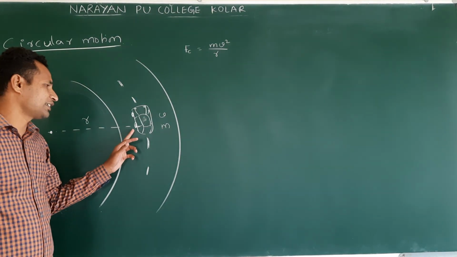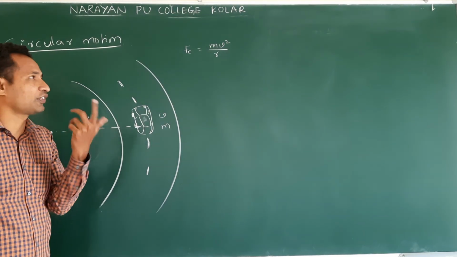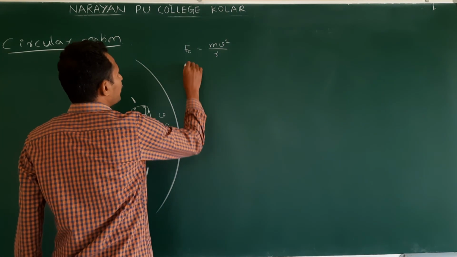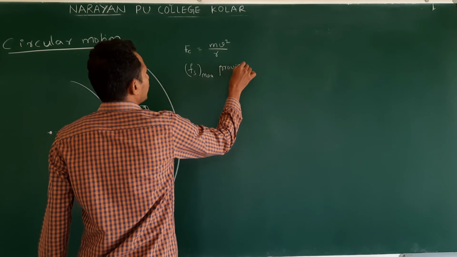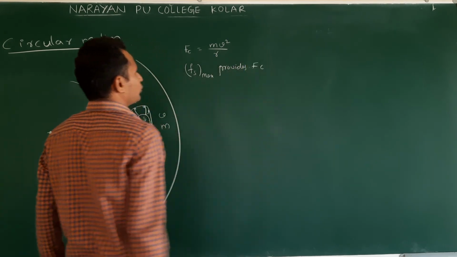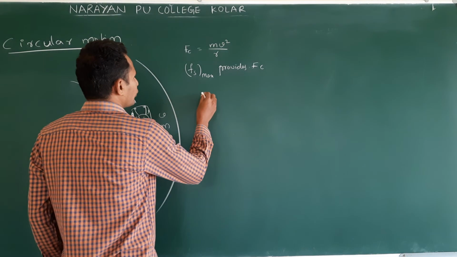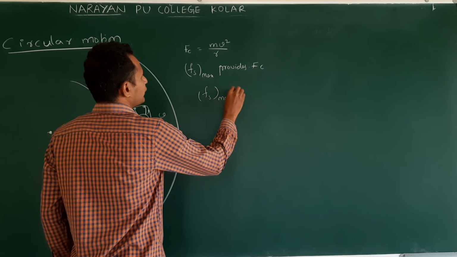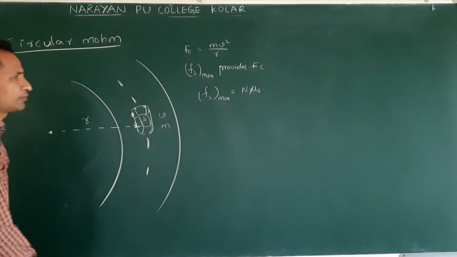Which friction is maximum? Maximum friction is static friction. So the maximum static friction Fs provides this centripetal force. Clear? So what is maximum Fs? The formula is N into mu s.